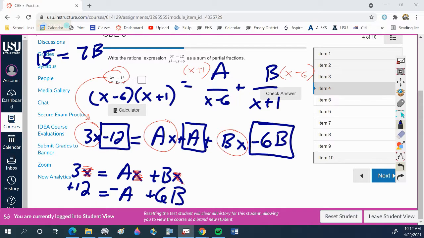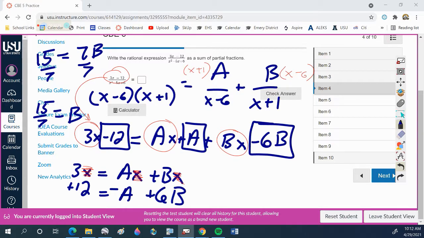Is it really 15/7, or did I mess up? No, that's not. All right. So 15/7 is b.